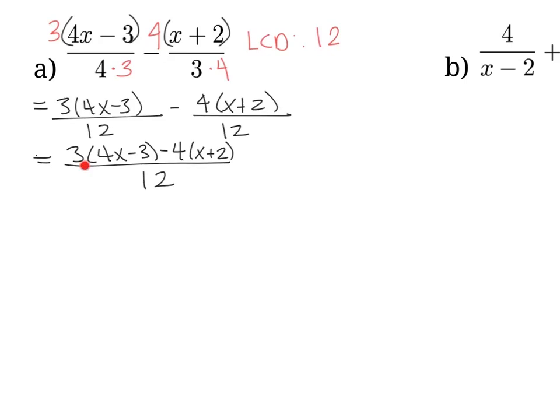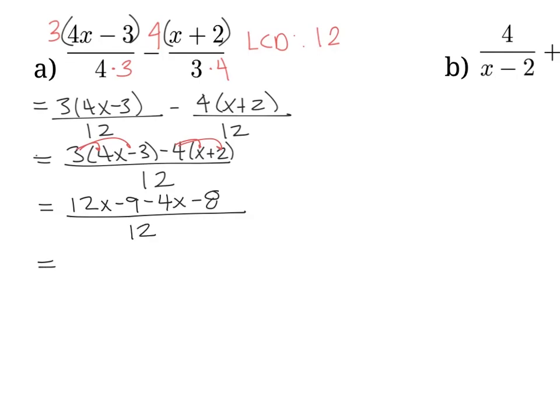The numerator isn't factored, so we can't cross out any common factors in the numerator and the denominator. So all we have left to do is expand this numerator so that we can factor it. And so we're going to be left with 12x minus 9 minus 4x minus 8 all over 12.